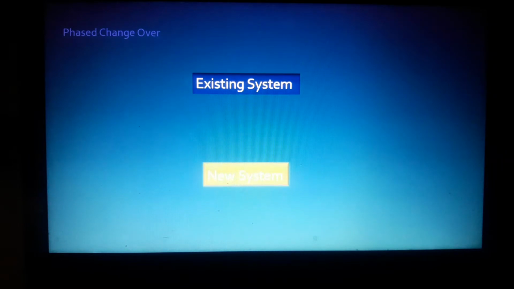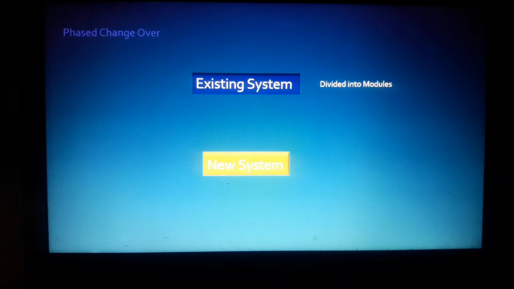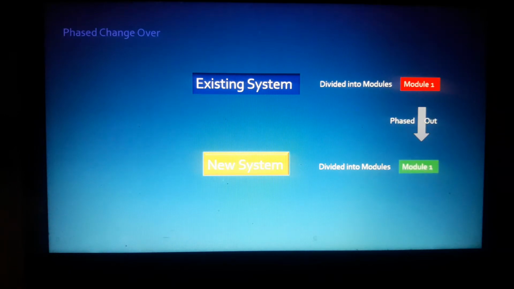So, let us see the phased changeover. In the phased changeover, you will have an existing system and also a new system. The difference between the parallel and the phased is that here your existing system will be divided into modules, and the new system is also divided into modules. Module 1 of the existing system is phased out with module 1 of the new system.